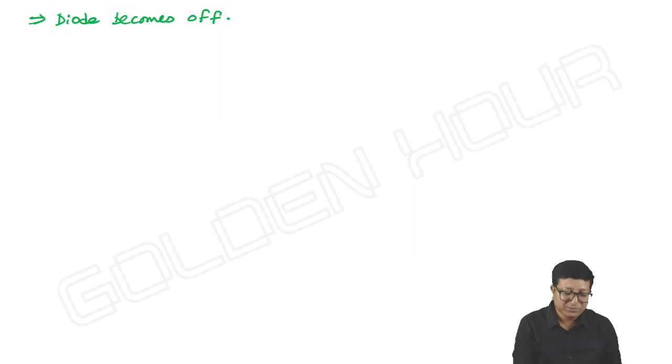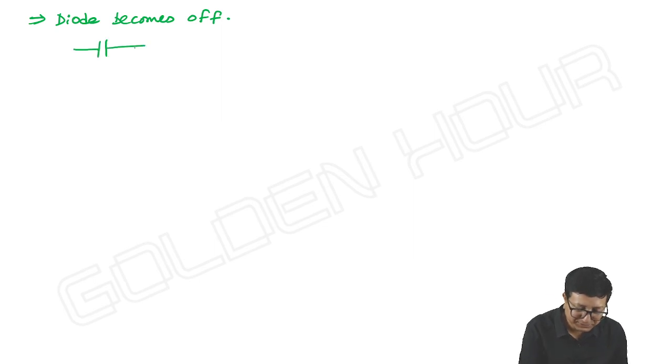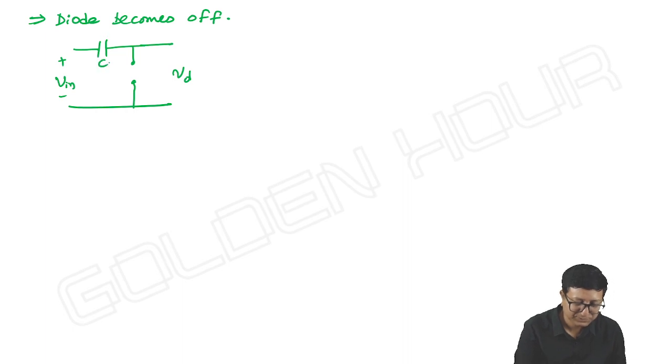Once the diode is off, what is the equivalent circuit? Once the diode is off, this is the equivalent circuit.